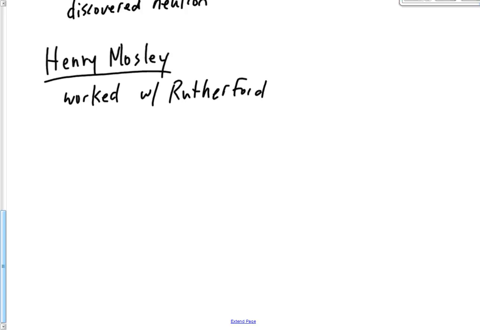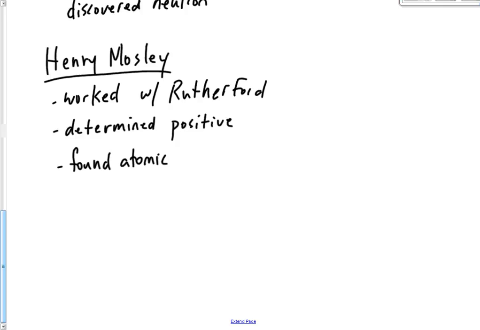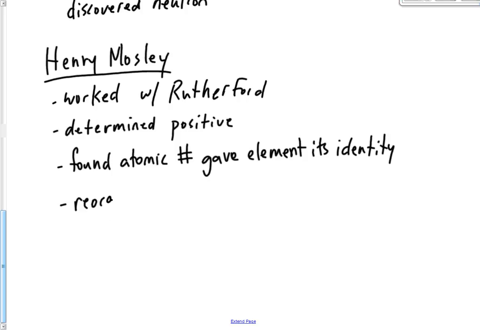Okay, he determined the positive charge. Okay, determined the positive charges of these nuclei, and he basically found that atomic number gave an element its identity. Okay, and using that information, he reorganized the periodic table.